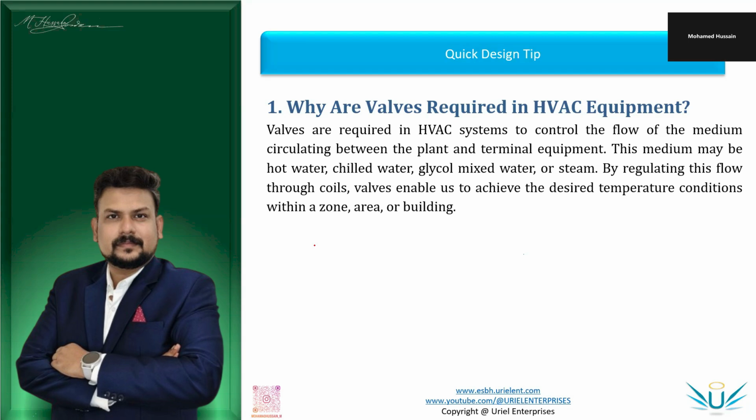When the demand is in multiple zones and the temperature has to maintain the human comfort level, the cooling has to regulate the flow. If there is no demand, we can just hold that water. If there is a demand, we can regulate the water flow, and by controlling the flow you maintain the desired temperature conditions for a particular zone or area of the building.